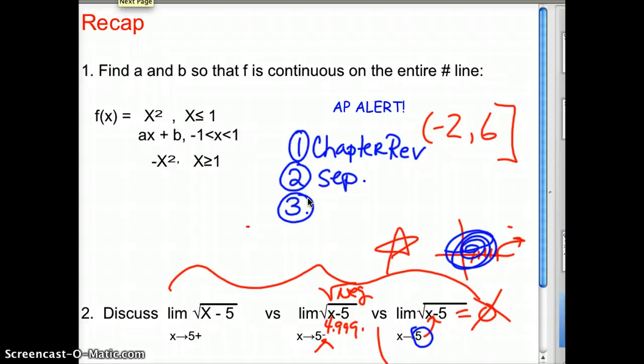I have to look on my sheet. The third thing was, oh yeah, the AP problems. So that page 94, numbers 2 through 5, 7 through 10, make sure you do those on a separate sheet. Reword them in your own wording.